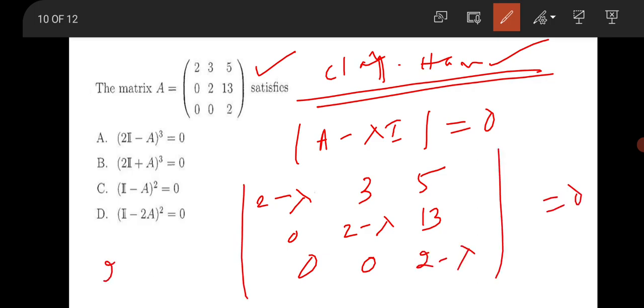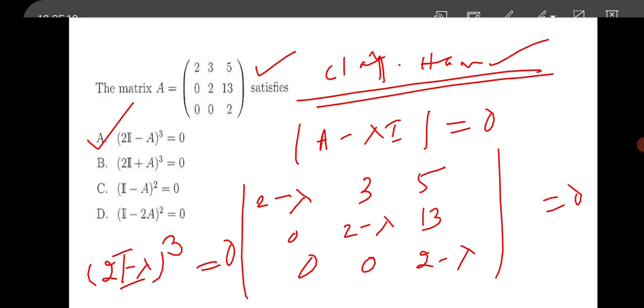So it will be (2 minus lambda) whole cube equal to 0, that is (2I minus A) whole cube equal to 0. So option A will be correct for this question. Here 2 means 2I, the identity matrix is there.